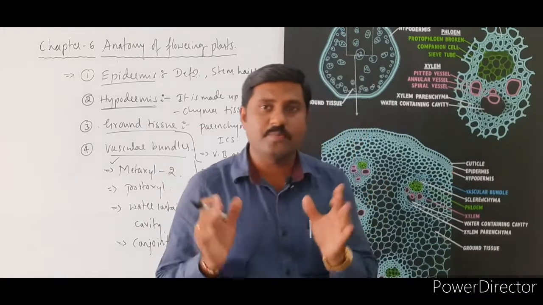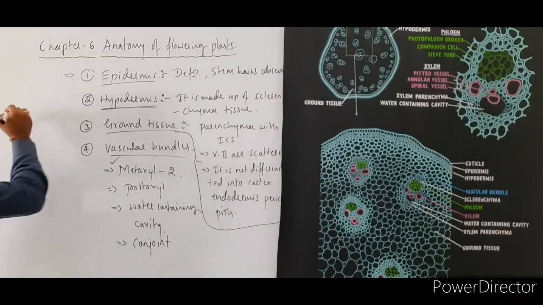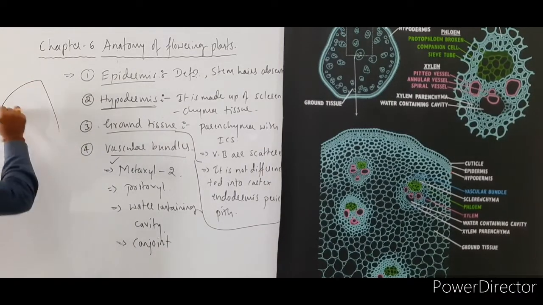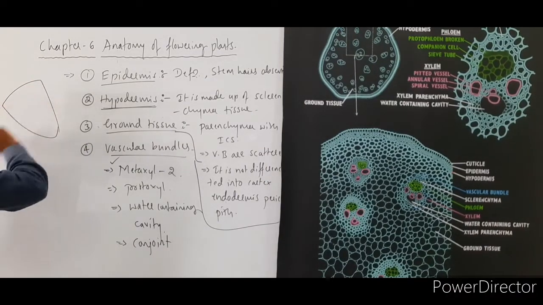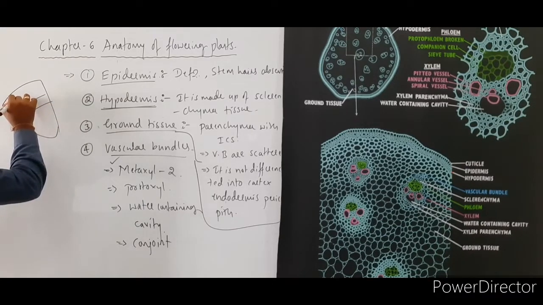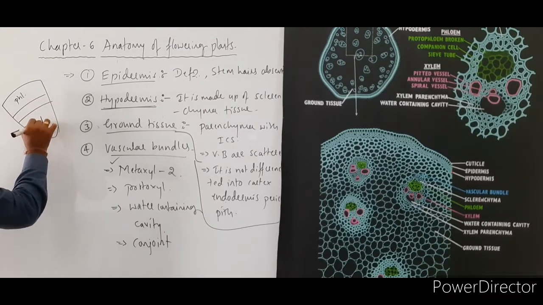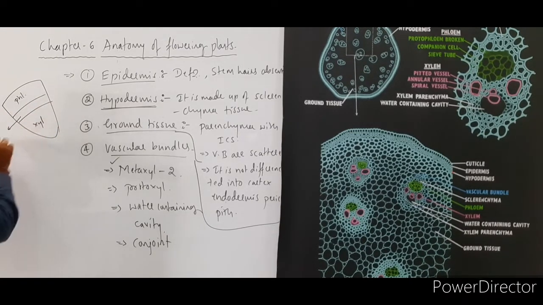What do you mean by open type of vascular bundle? Already I had shown you in dicot stem. In dicot stem, you will find this kind of vascular bundle. This is phloem and this is xylem portion, and this one is intrafascicular cambium.